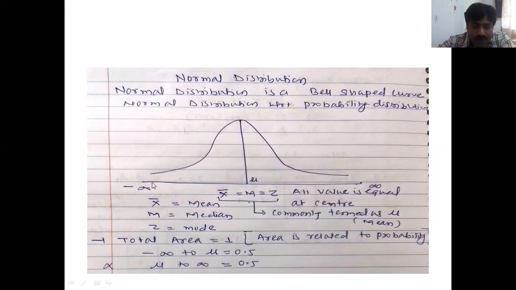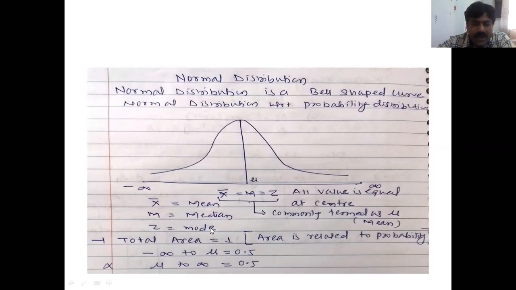The left portion of this bell-shaped curve, from minus infinity to mu, has area 0.5, and from mu to plus infinity, the portion covered under this bell-shaped curve is also 0.5.